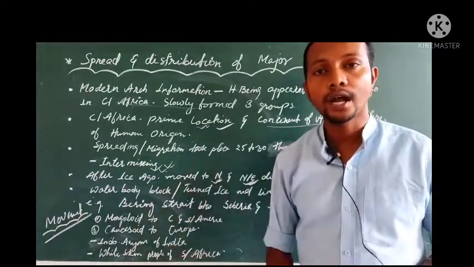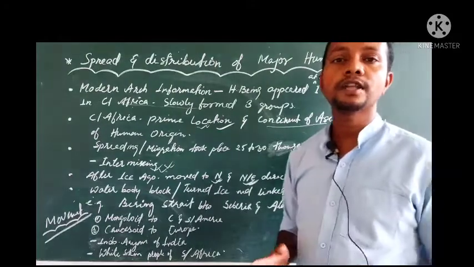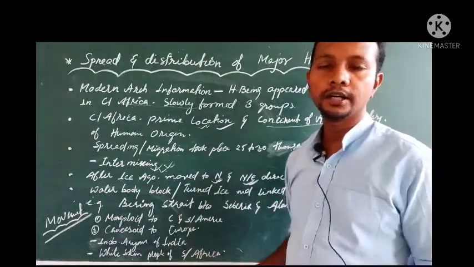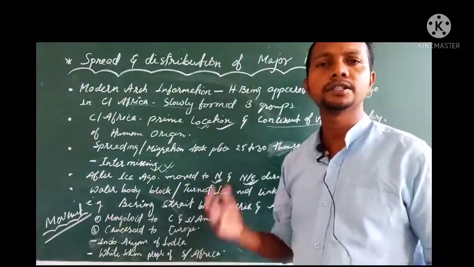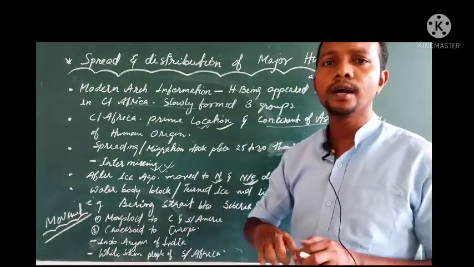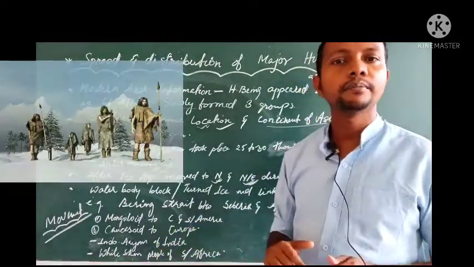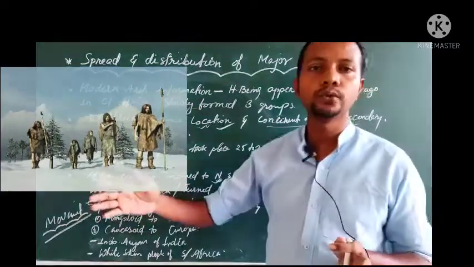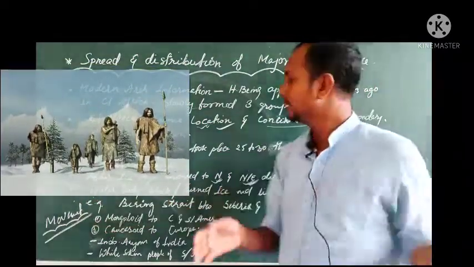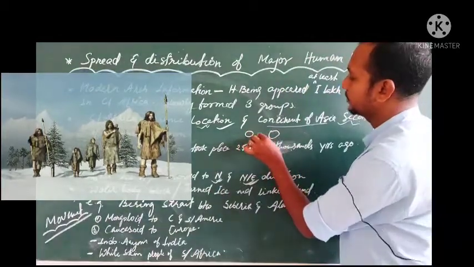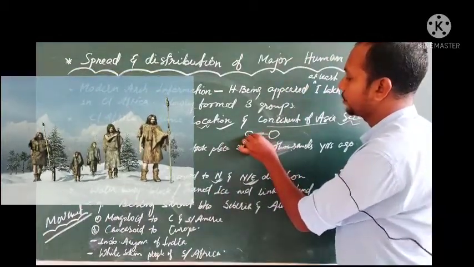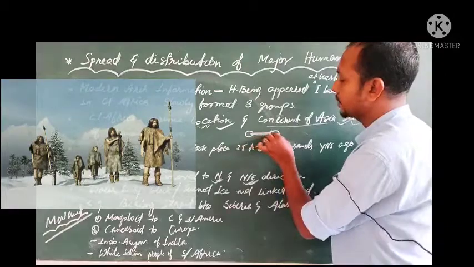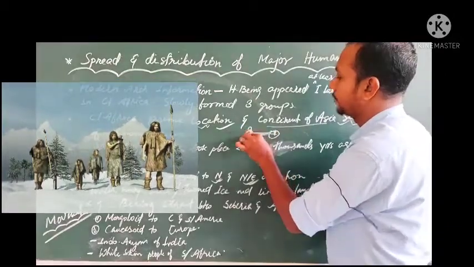In some places, because the ice age was not completely over, some places were still cold and the water had become ice. When it had become ice, it became a linkage between two land bodies. This side one land is there, and this side one land is there, and in between is water. If this water becomes ice, people can simply walk from here up to here.